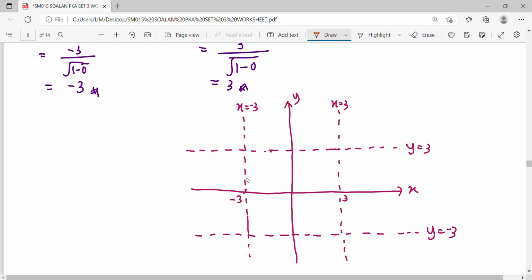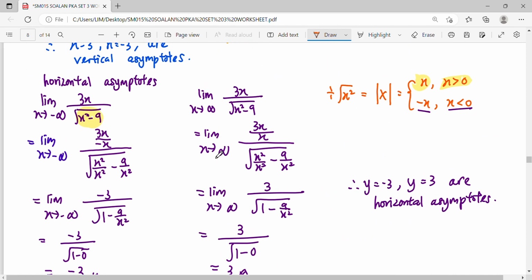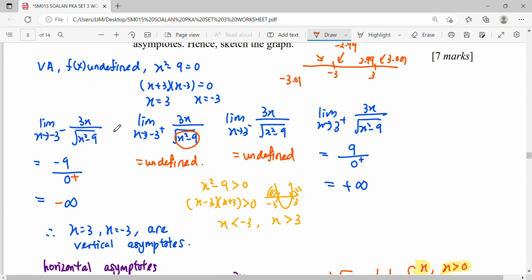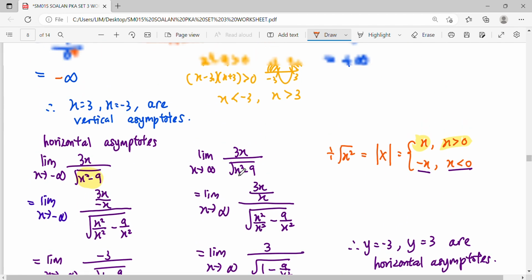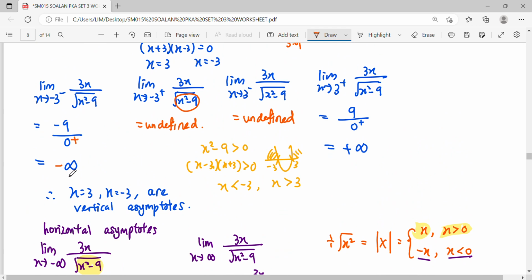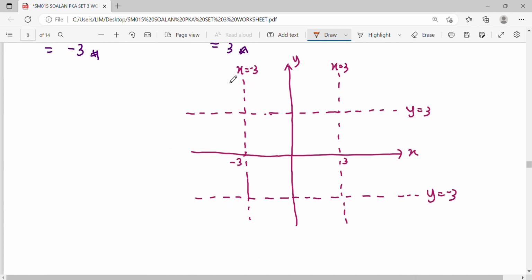As we know, our graph for the first part is only defined for negative 3 from the left hand side and 3 from the right hand side. In the middle of the domain here there is no graph. Understand? So from here we know the graph is undefined in the middle. When x approaches negative 3 from the left, the graph is going to negative infinity, going down here.